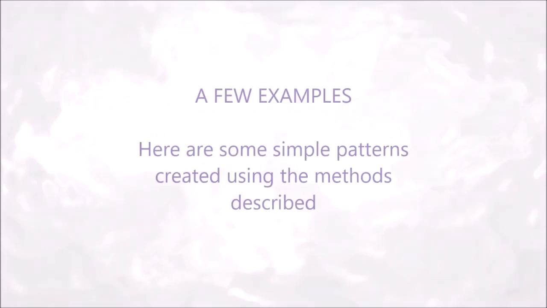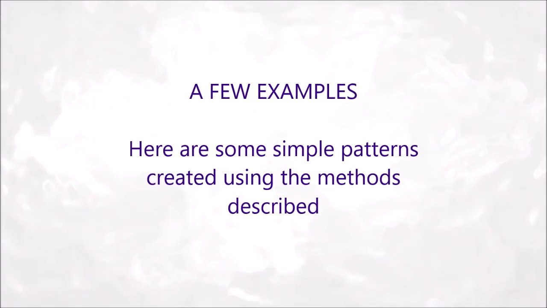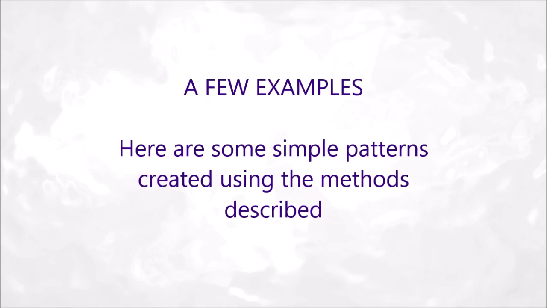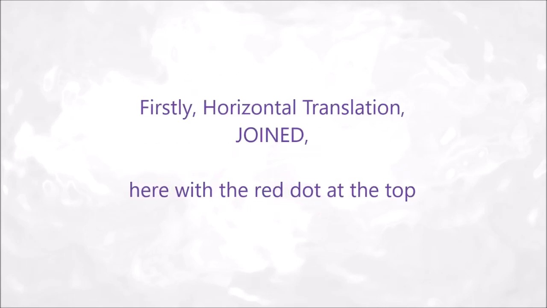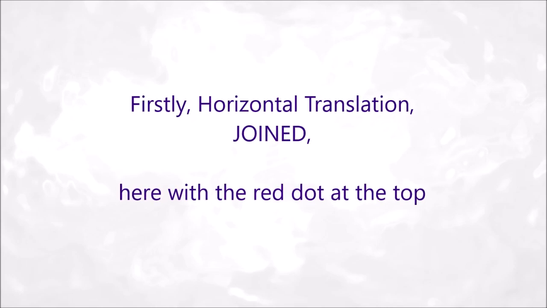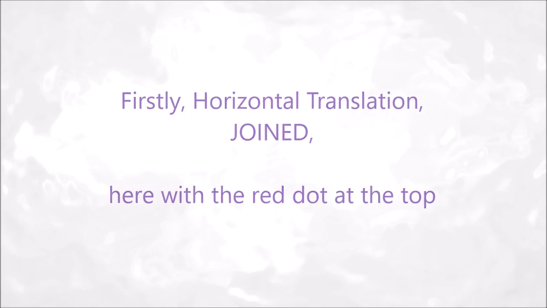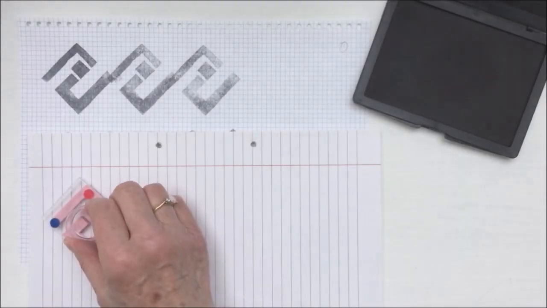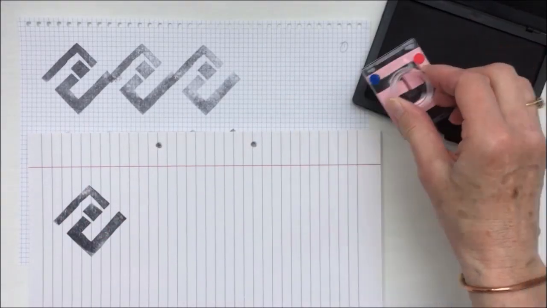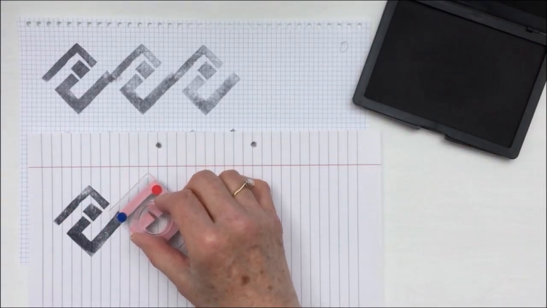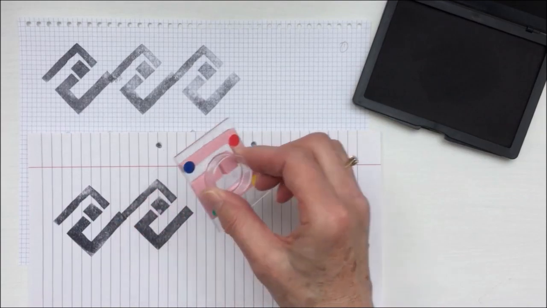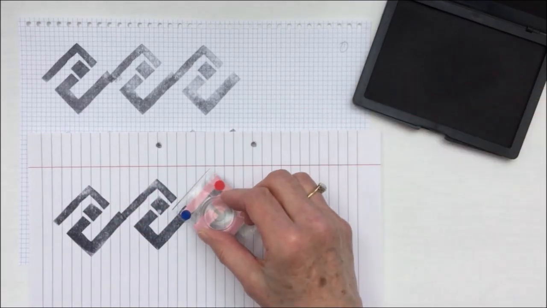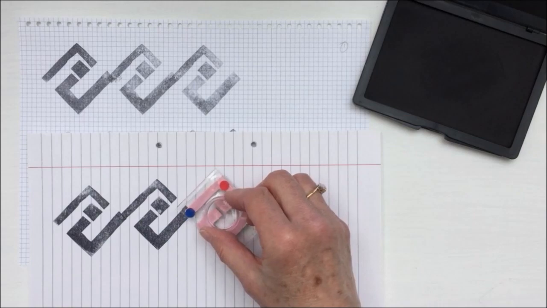A few examples. Here are some simple patterns created using the methods described. Firstly, horizontal translation joined, here with the red dot at the top. Joining up the stamp gives continuity to the pattern.